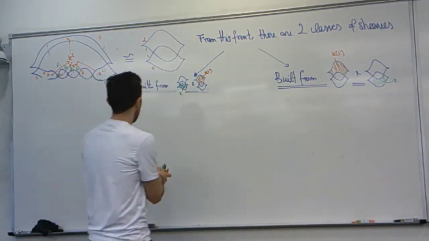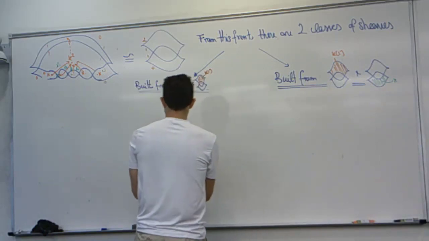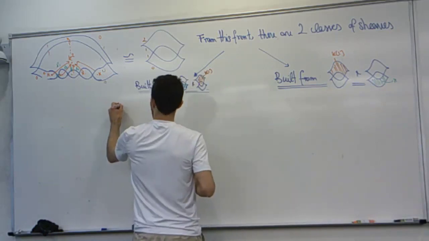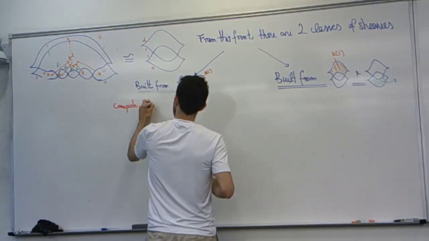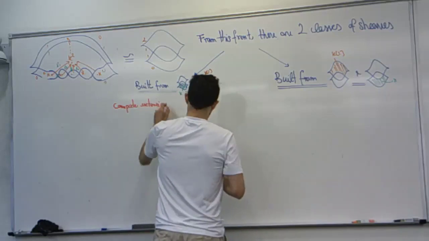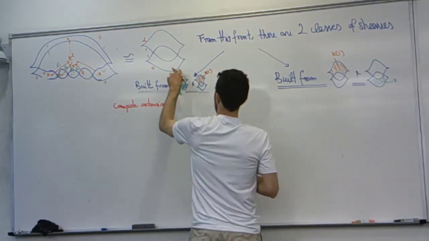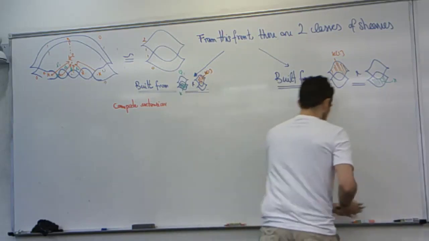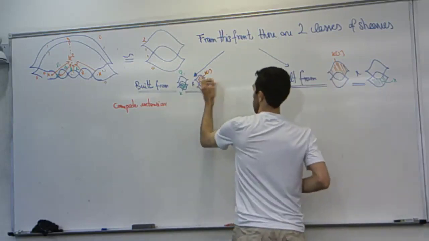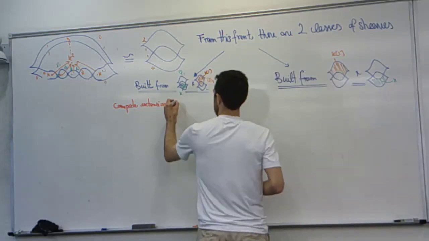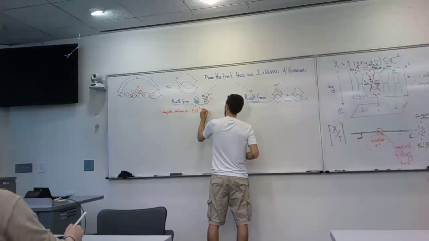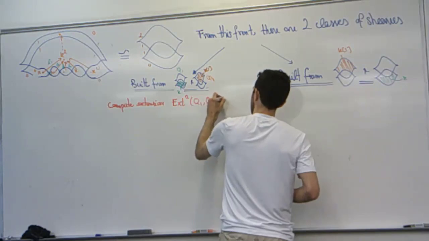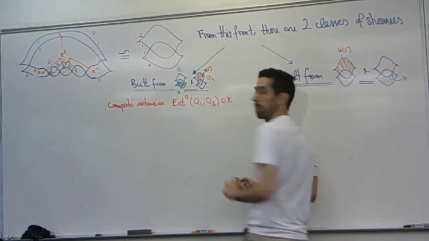So here you compute the extensions of these two guys. Maybe let me call these two sheaves Q1 and Q2, and then the extensions of Q1 and Q2 are just going to be given by K.